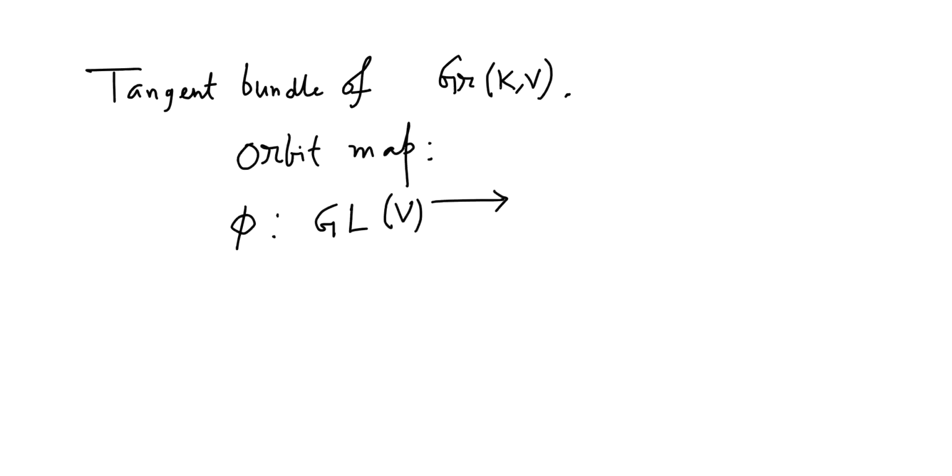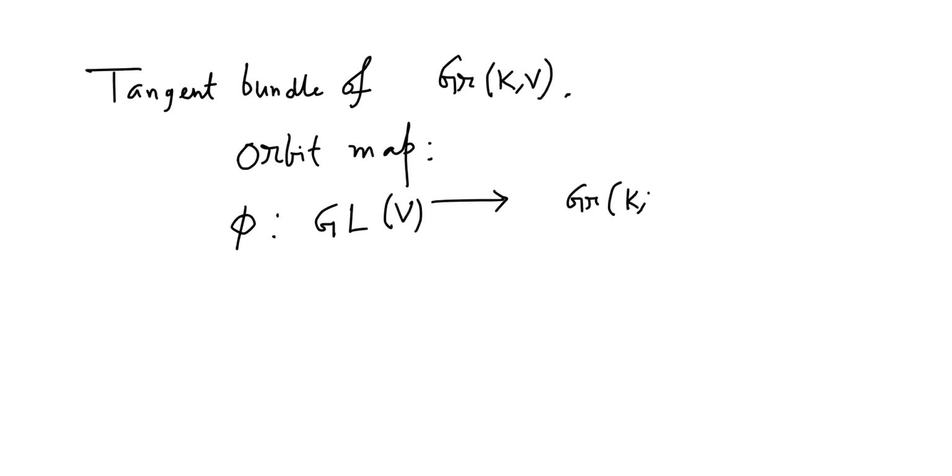So I will just use that action, the GL(V) action, that orbit map, to conceptualize this whole thing. So what is the orbit map? This is your GL(V), and this is your Gr(k, V).